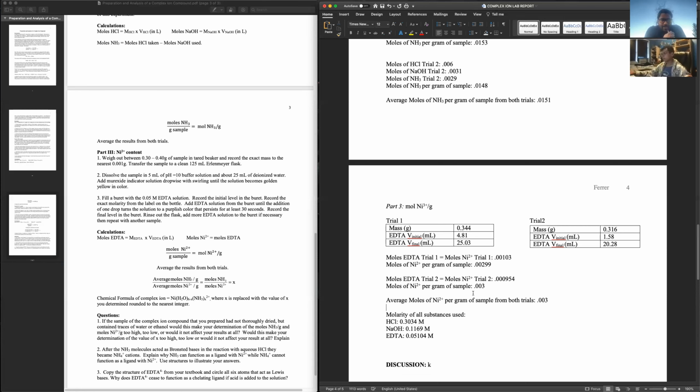Oh yeah, and then the last step, basically, you take your average moles of ammonia per gram of sample from both trials, and you divide it by the average moles of nickel per gram of sample from both trials, and you'll get basically a mole ratio of ammonia per whatever moles of nickel.